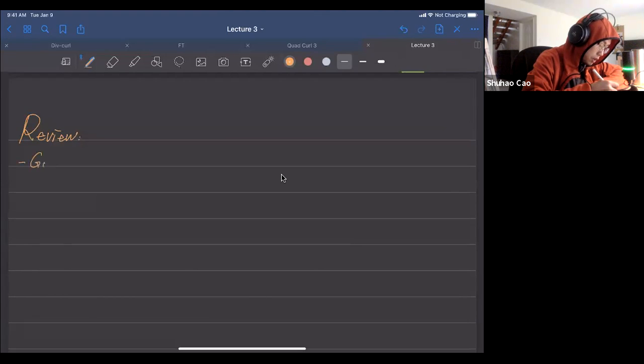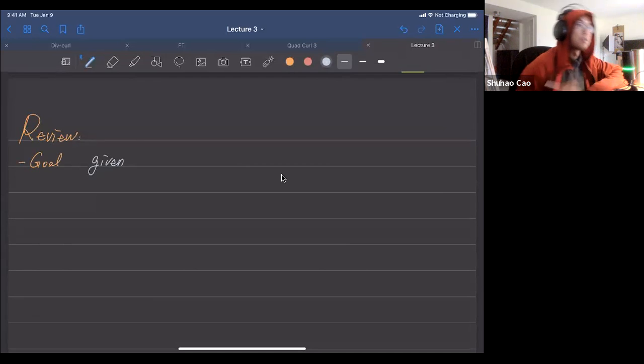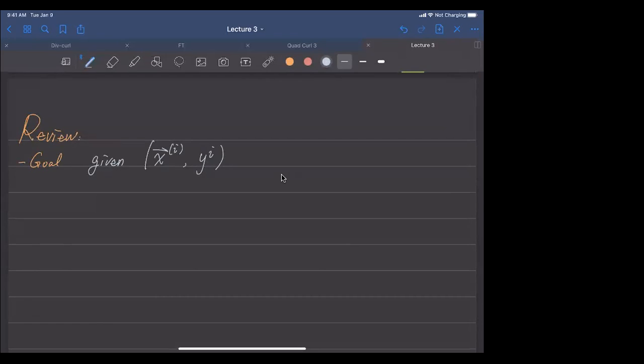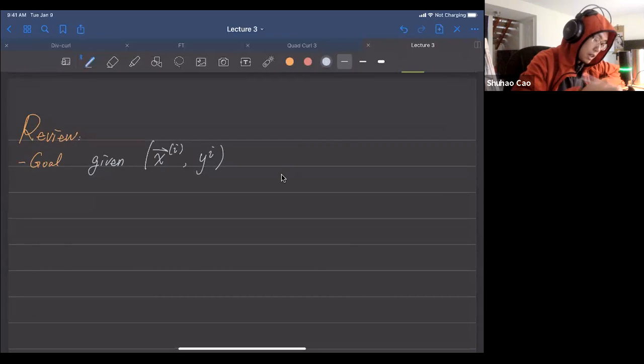So first is the goal and the setting. We're trying to solve this problem: given some data, the data is given in pairs. We have a vector x and a label, or say a target y.